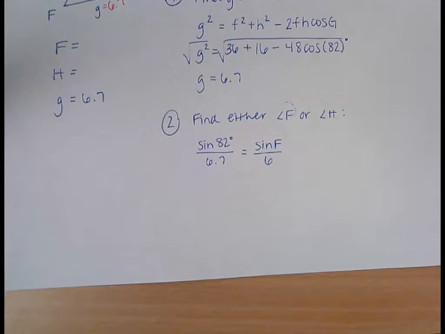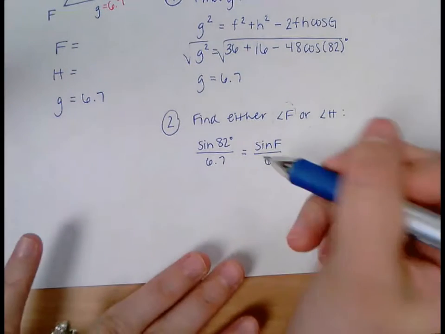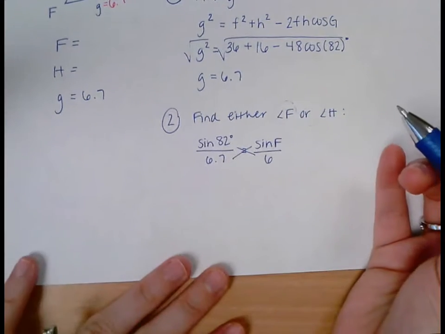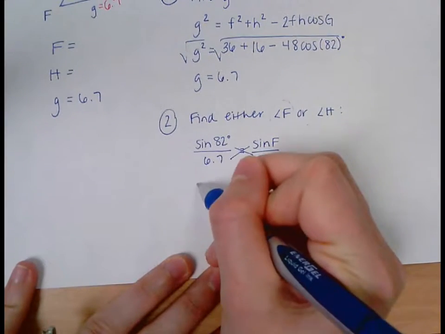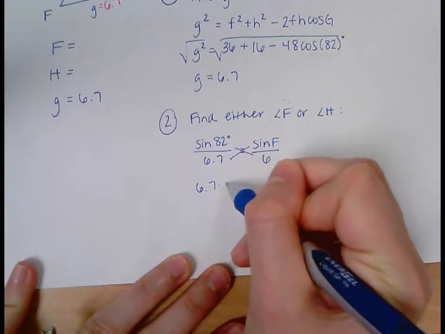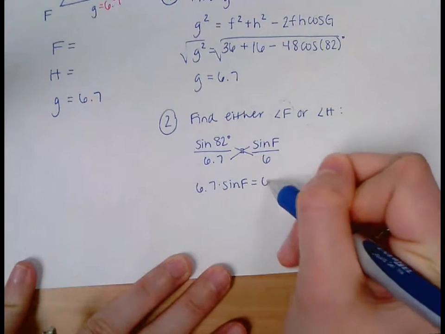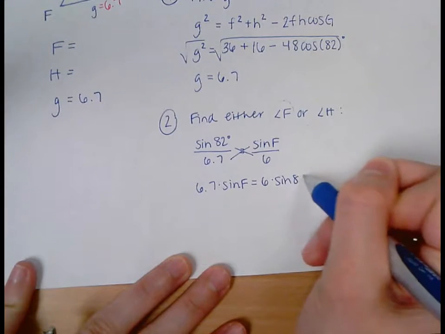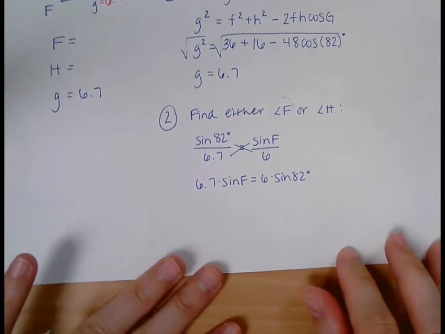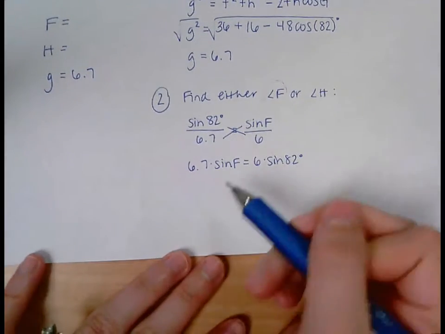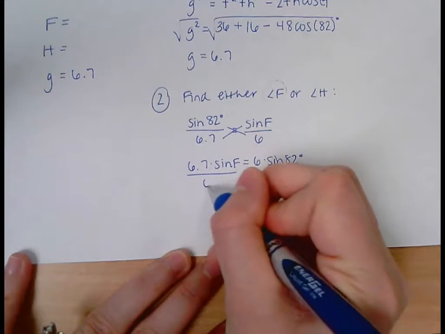And then I can use law of sines like we did the past couple of days to find angle F. So find the cross product, set them equal. So 6.7 times sine of F is equal to 6 times sine of 82 degrees. And then I would have to divide by 6.7.